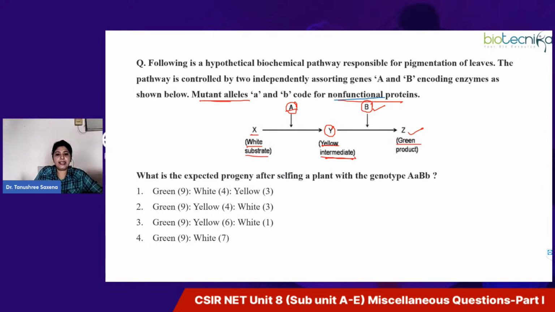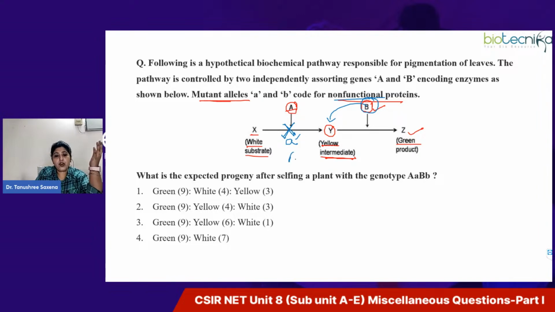So let's say this A gets mutated. Instead of the dominant A, you have the mutant a, which will not be able to encode its functional product, and the pathway will be blocked here, even if you have a normal B allele, because the product of gene B can only act on an intermediate. If your A gene is mutated, no intermediate will be formed.